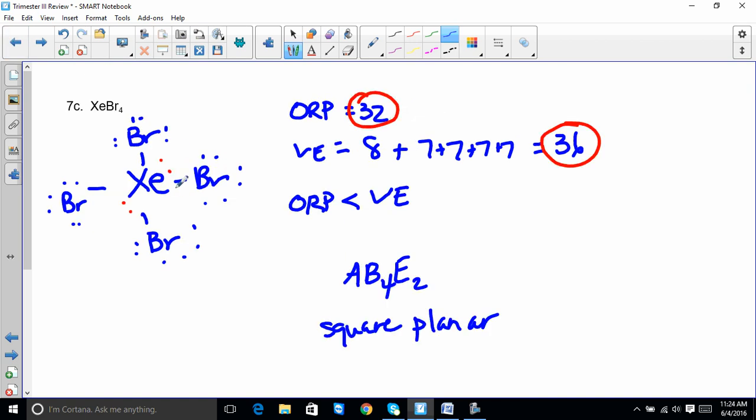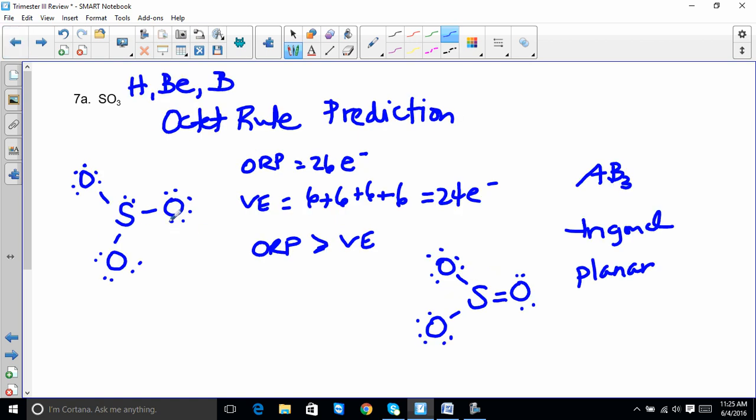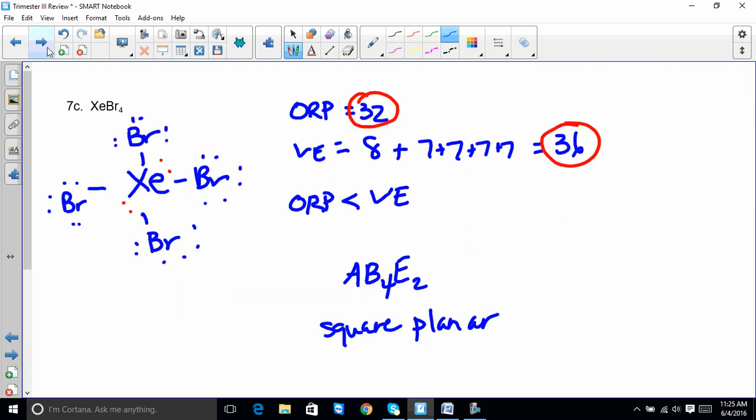If this one is polar covalent, this bond, you look up xenon's electronegativity and bromine's, and it has to be between 0.3 and 2.0, and there's 4 bonds here, and all you need to have is 1, 2, 3. Again, you have to check to make sure it's on the interval, and then right here 1, 2, 3, and single bonds and double bonds work the same. And so it has to have at least 1 polar covalent bond.